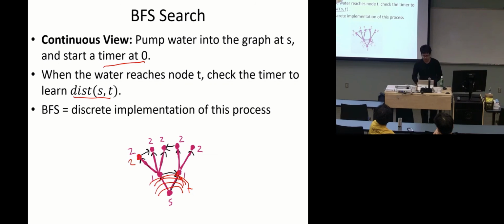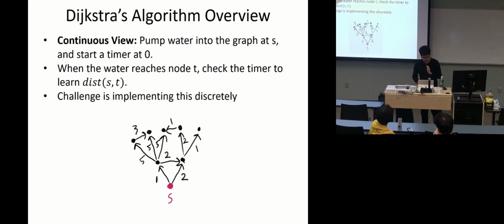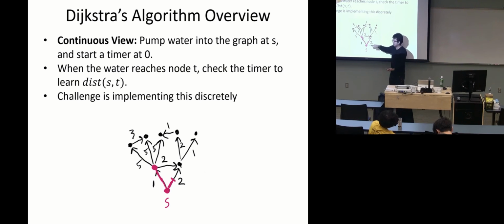And the same idea just works in weighted graphs, and that's exactly what Dijkstra's algorithm is. Let me give some examples. What's the water going to look like at time 1? It's going to reach this guy, and this is the length of the edge.